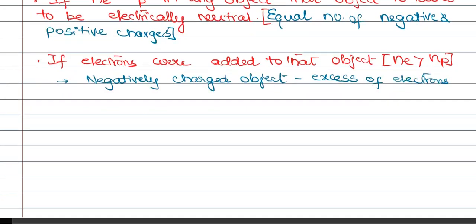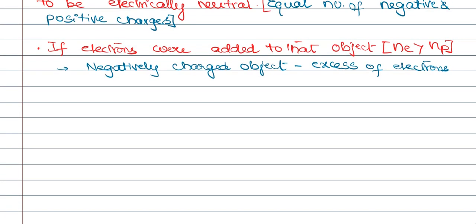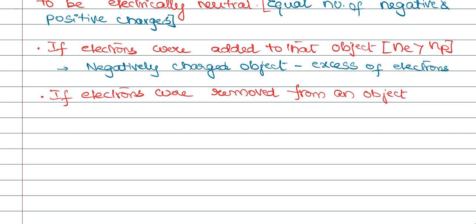Similarly, we can't add protons because they lie inside the nucleus, and hence we can remove electrons. If electrons are removed from an object, the number of electrons will be less than the number of protons. Then we say that it is a positively charged object.